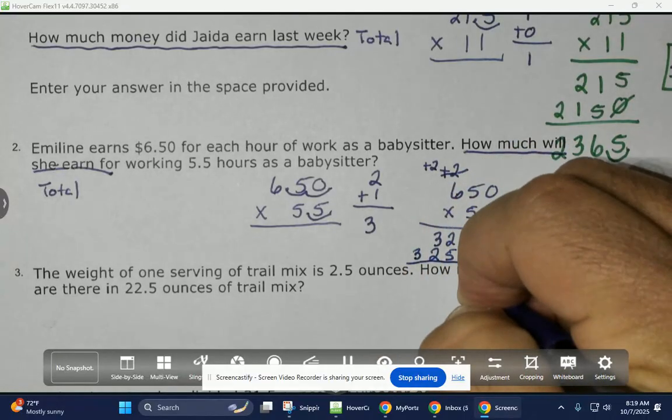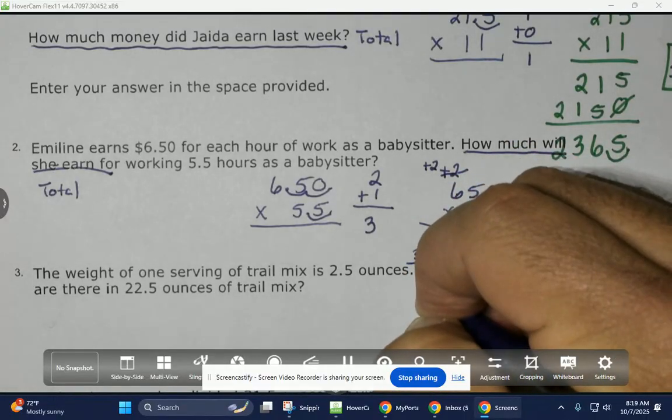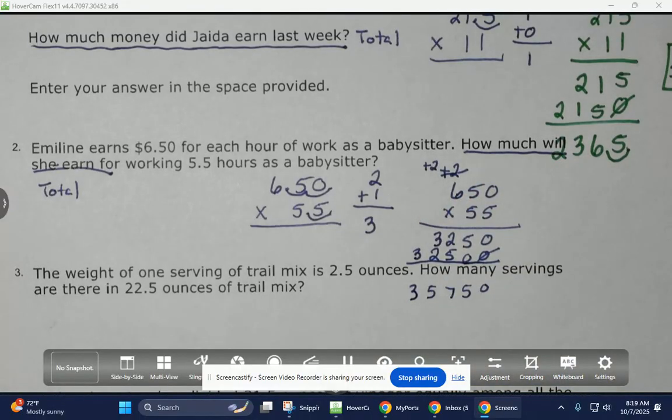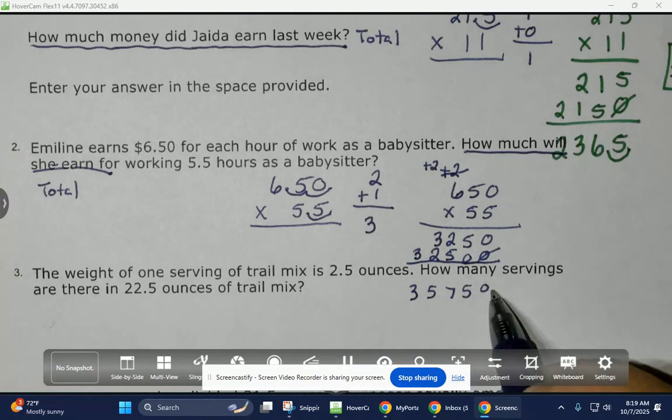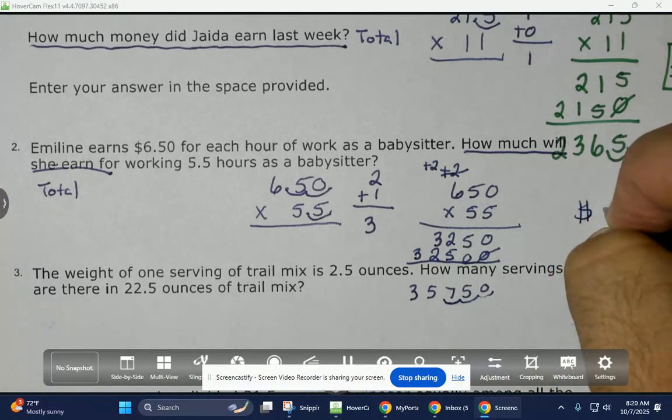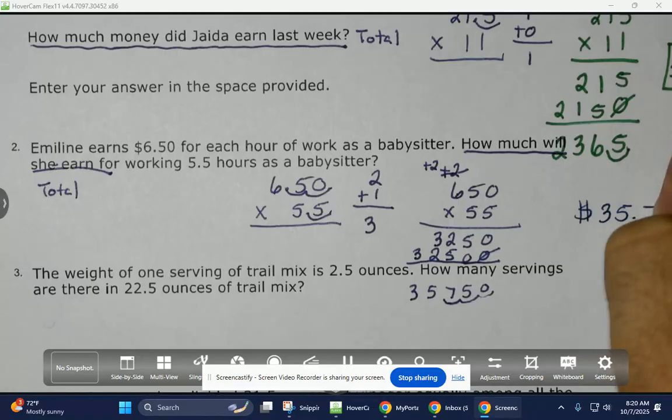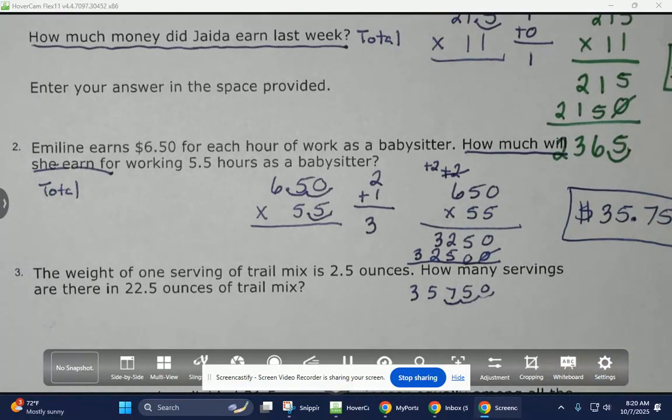Add straight down. You get this large number, 35750, but I have to move the decimal back from the back 3 times. 1, 2, 3. This person made $35.75. There you go.